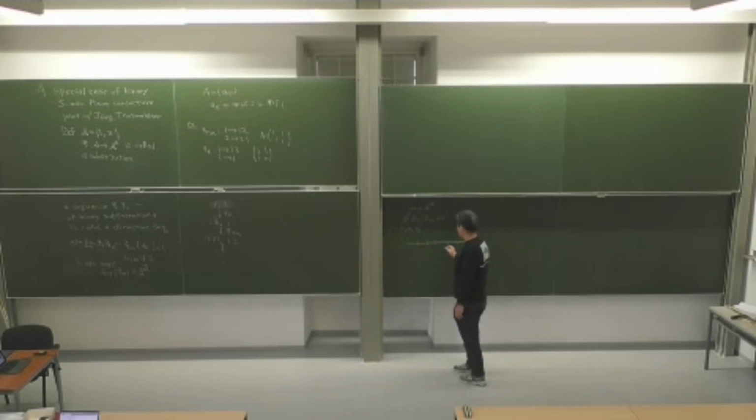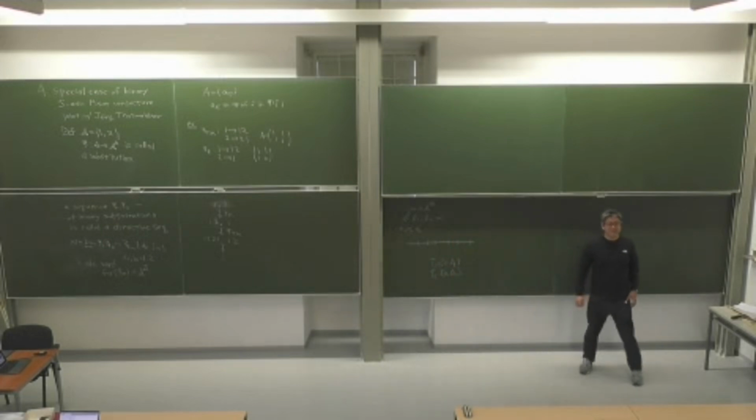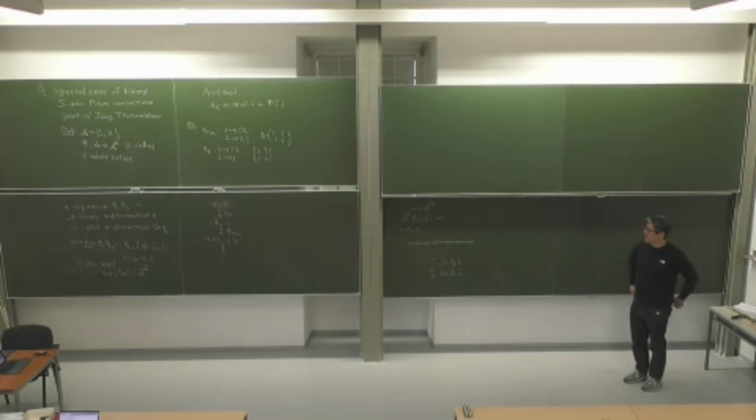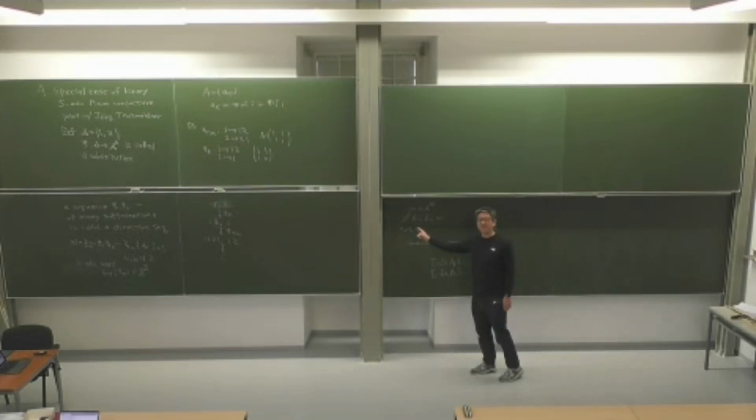So let's denote T1 as the interval of this. And we can juxtapose copies of T1 and T2 in the order of this infinite word.